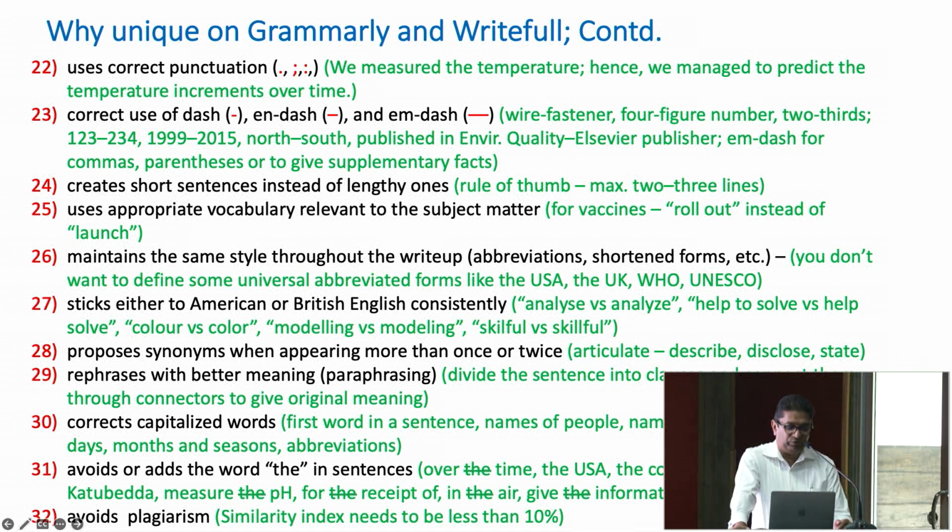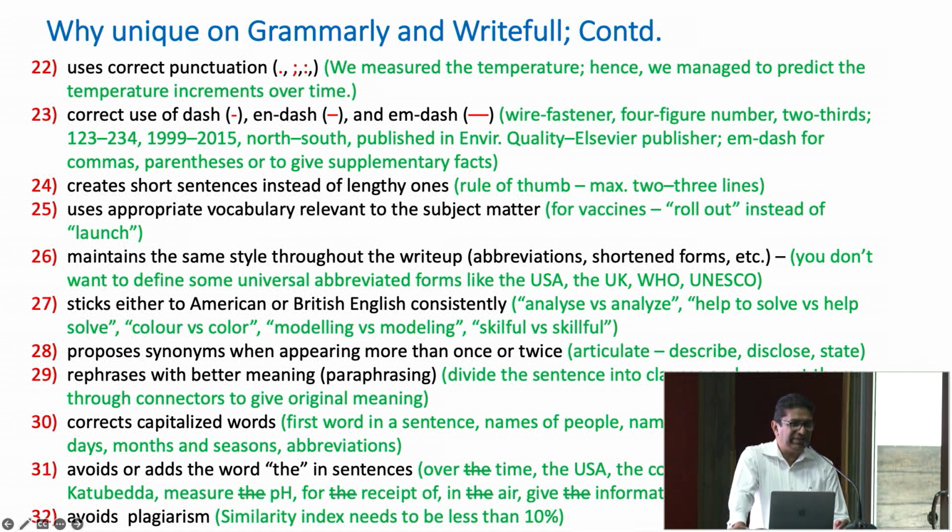The premise would be how or where you use all three. Some of the words are connected with each other. Now say wire fastener, four-figure, four-figure number. When you say four-figure number, four-figure is going to be connected with a dash. Two-thirds, all small dash or simple dash, you call it a dash in between.